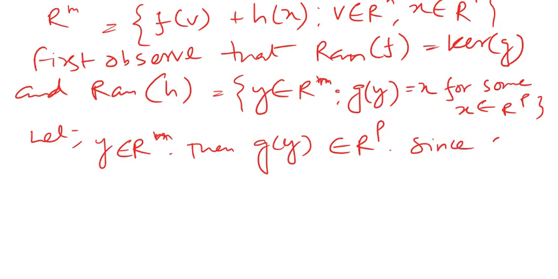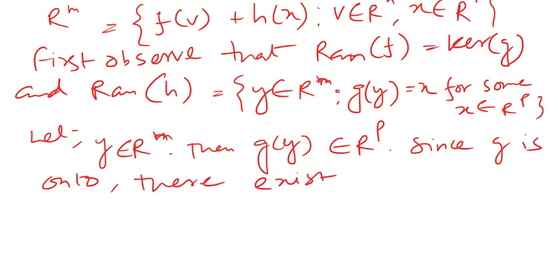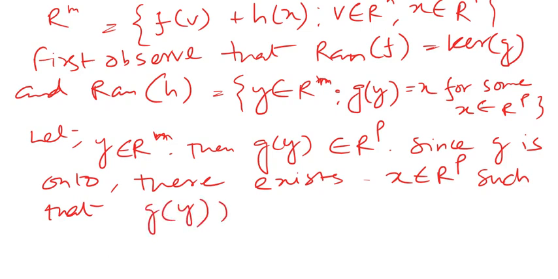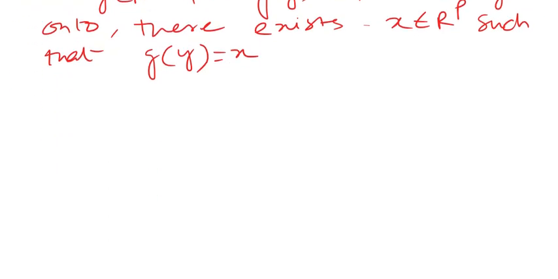Since g is onto, there exists x belongs to R to the power p such that g of y equals x. So we can consider y minus h of x.